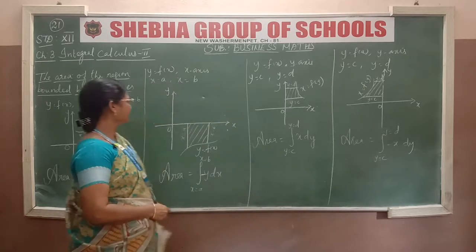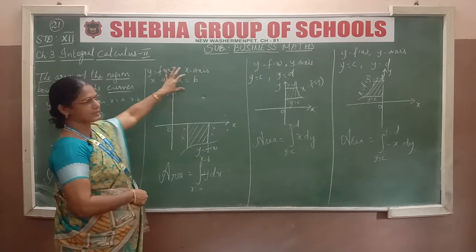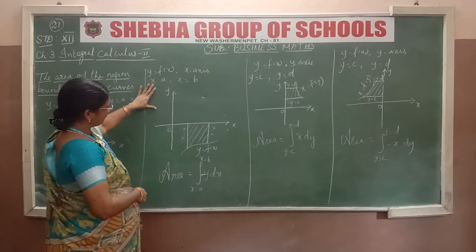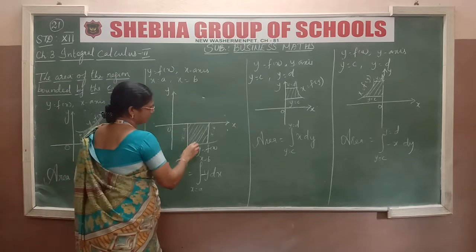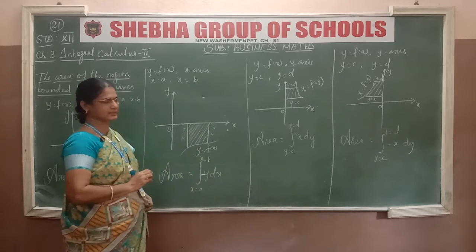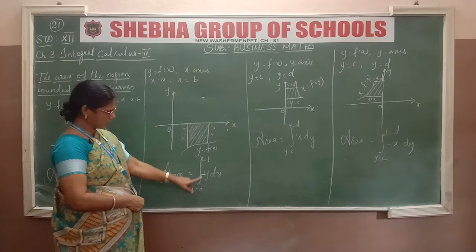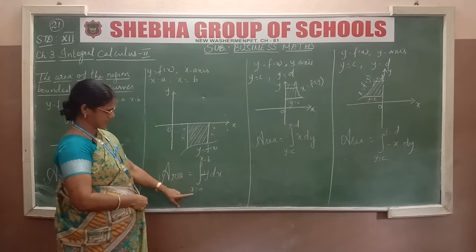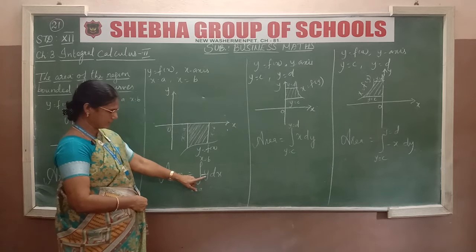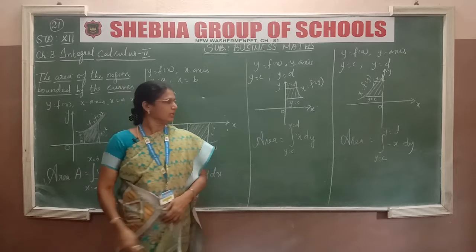The second one: same y is equal to f of x, x-axis also, x equal to a, x equal to b, and our region is below the x-axis. Our region lies below the x-axis, and in this case the area is equal to, x equal to a, x equal to b, that is the limits are same, and minus y into dx. Minus y here, plus y.